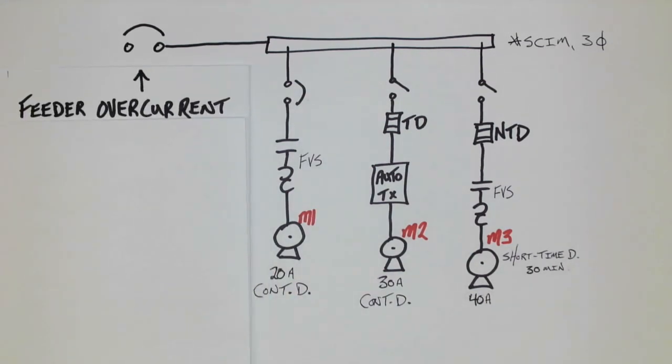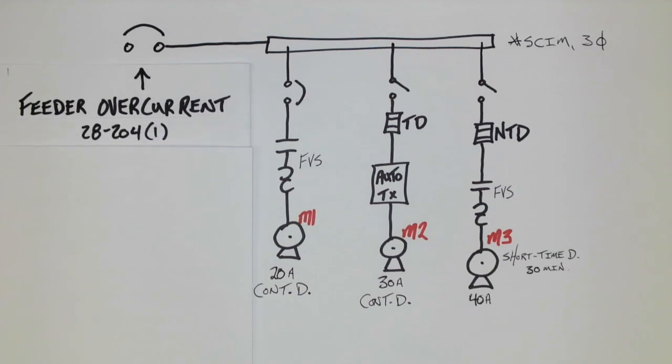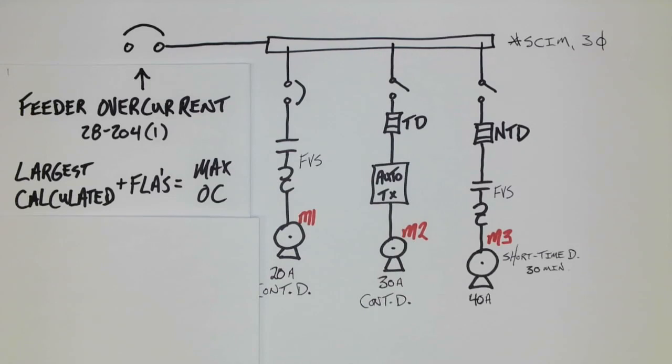So let's first start with the feeder overcurrent device. The feeder overcurrent device is going to be covered under 28-204 subrule 1, and it's a bit of a quirky process. Essentially, what we're going to do is this. We're going to take the largest calculated overcurrent and add to that the FLAs of the other remaining motors to get our maximum OC.